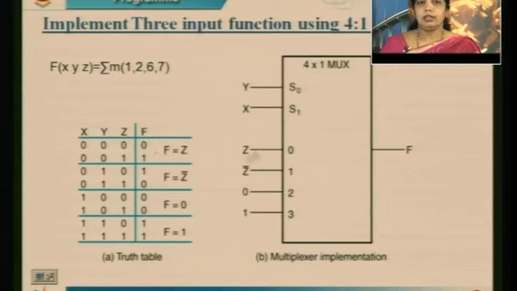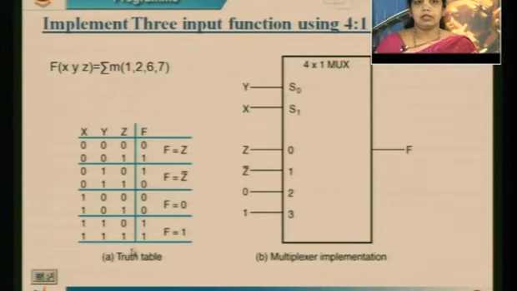Since I have got 2 selection lines, I will reduce these 3 variables to 2 variables. These 2 variables are x and y. I will be giving these x and y variables to S0, S1.